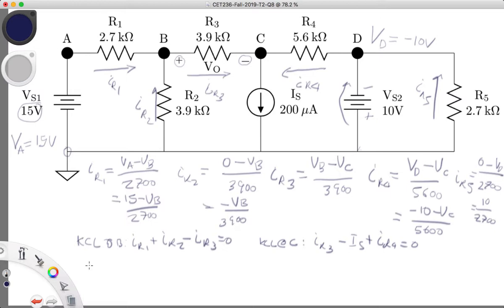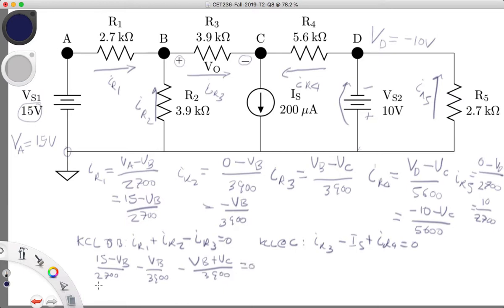So that means we've got VA minus, well actually we already know what VA is. So that's 15 minus VB on 2700. That's IR1. IR2 is minus VB on 3900, right? Minus IR3 is minus VB plus VC on 3900, and that equals 0.